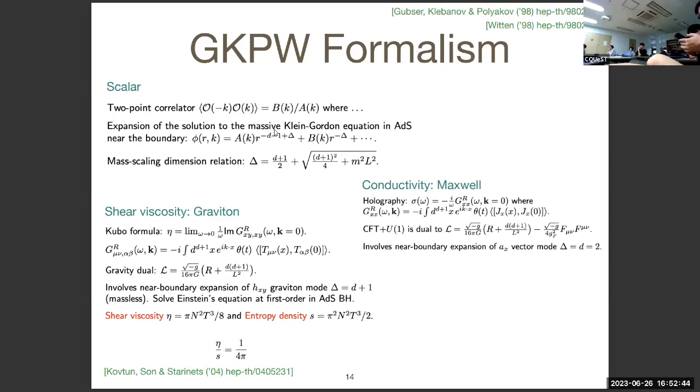Okay, and then you would do something similar for Maxwell. Something that one might be interested in is, say, the conductivity of a system that has U(1). That would be related to a two-point function of the current operator. So if I wanted the two-point function of a current operator rather than of a scalar operator, I would do something very similar.